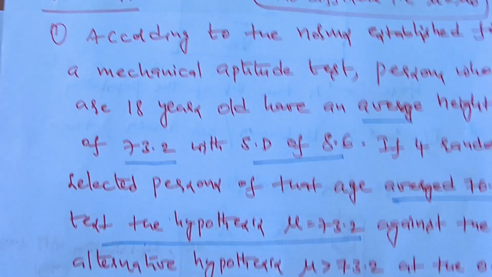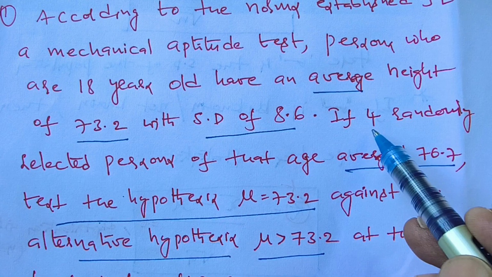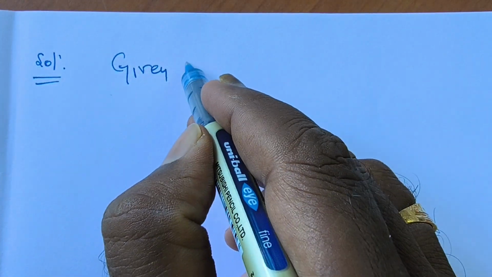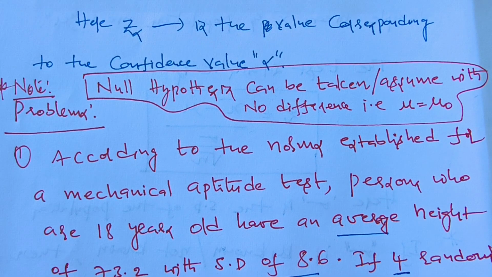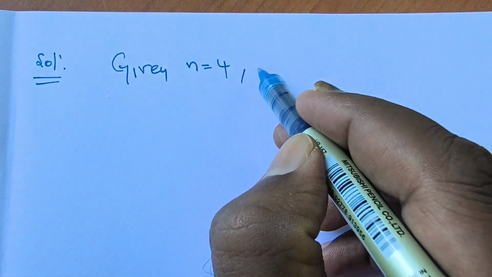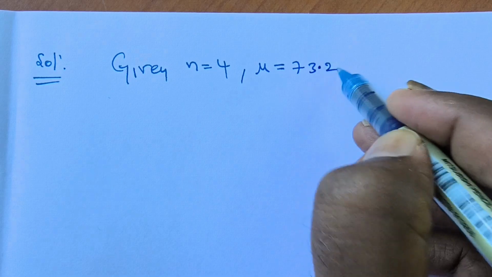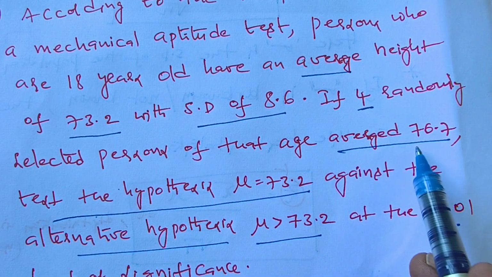From the given problem, we have the data. Here 4 randomly selected persons means it can be treated as sample size n equals 4, and the average height of the population is given, that is population mean mu equals 73.2, and the standard deviation of the population is also given, 8.6.